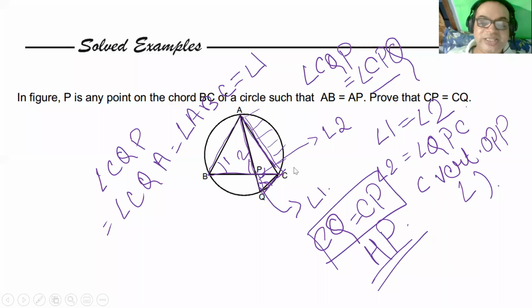Therefore, angle CQA will be equal to angle ABC, which I have assumed as angle 1. So angle CQA is equal to angle 1, and my angle CPQ was equal to angle 2, and I have already proved that angle 1 is equal to angle 2. Therefore, I can say that CQ is equal to CP. I hope I am clear now.